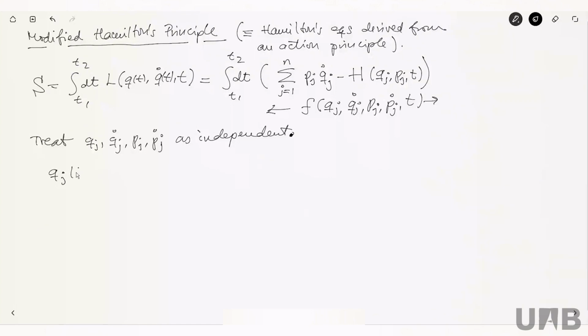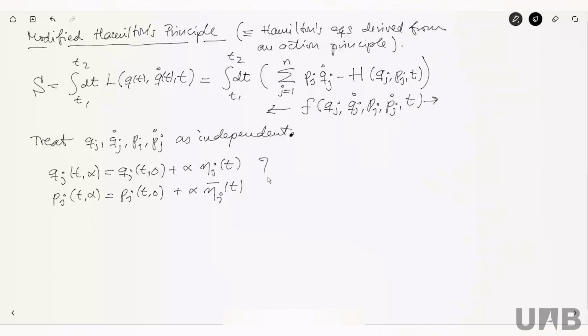So q of t and alpha is going to be qj of t and 0 plus alpha times an arbitrary function, eta j of t. Okay, and the same for the p's. P of t and alpha is going to be pj of t and 0 plus alpha times another function, because the q's and the p's have nothing to do with one another, eta bar j of t.